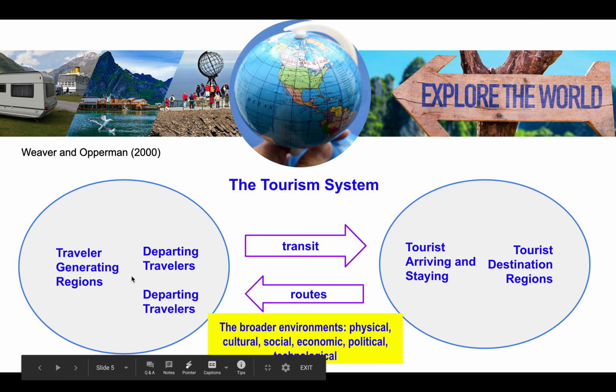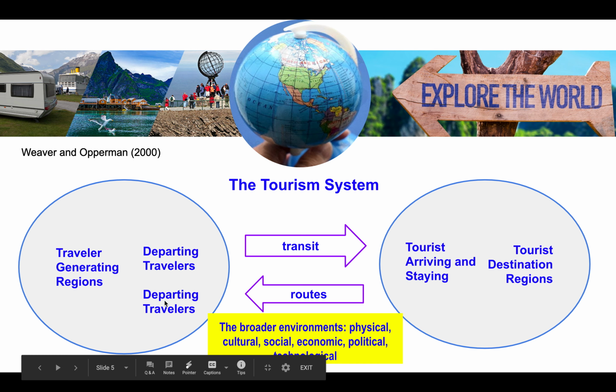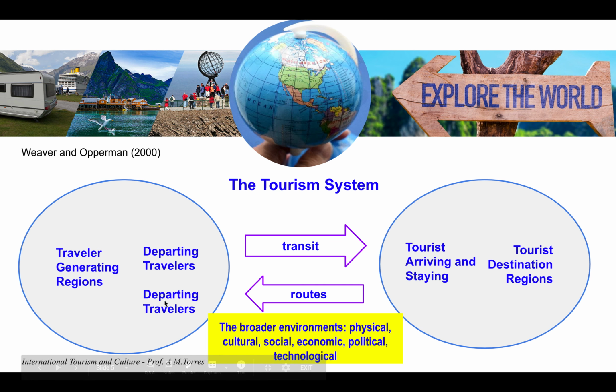It only means that there are people, okay, who are residents of a certain region that would be transiting towards another destination. Or this another departing travelers are actually people who made a stopover.